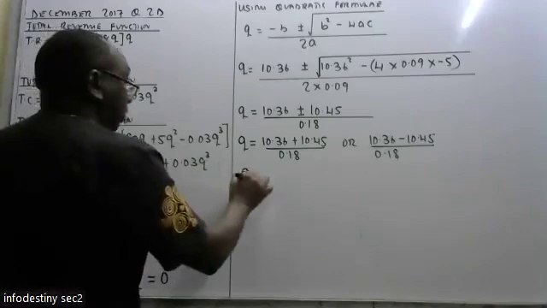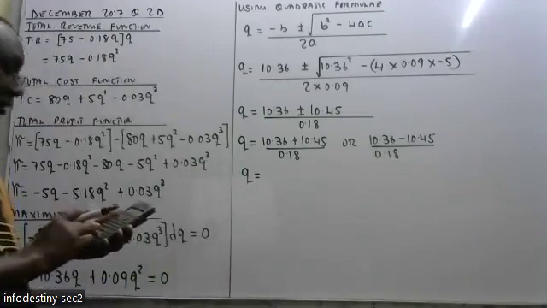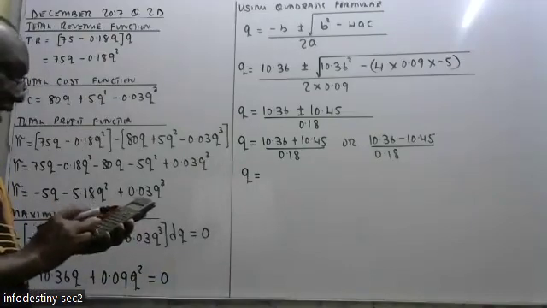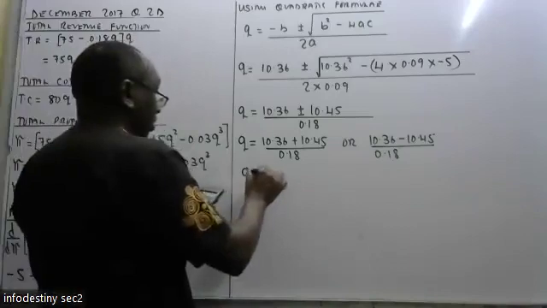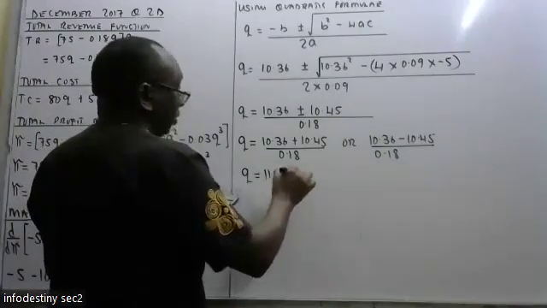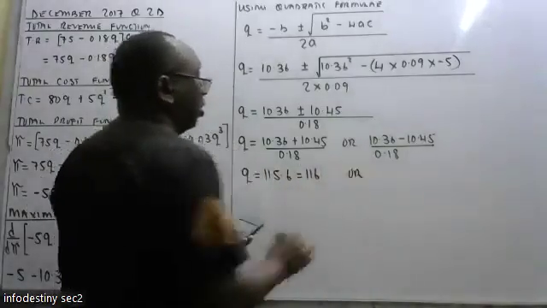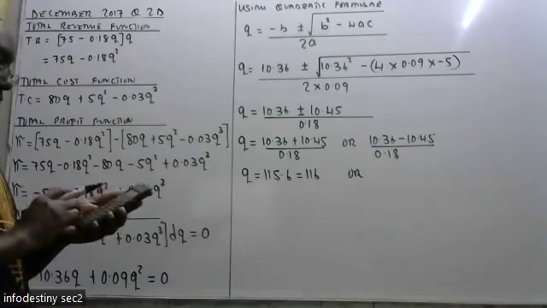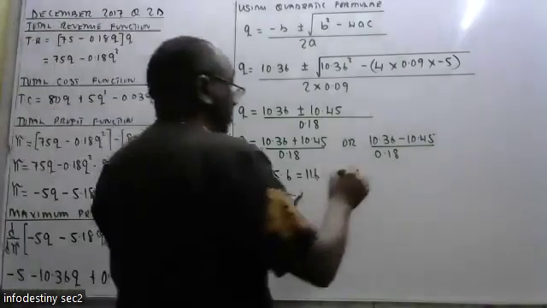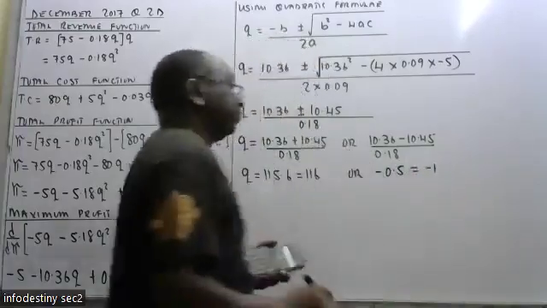That proceeds to become 10.36 plus 10.45 divided by 0.18, which is 115.6, which you could say is 116, or 10.36 minus 10.45 divided by 0.18, which is minus 0.5, which you could say is minus 1.